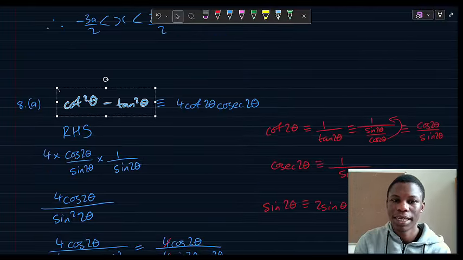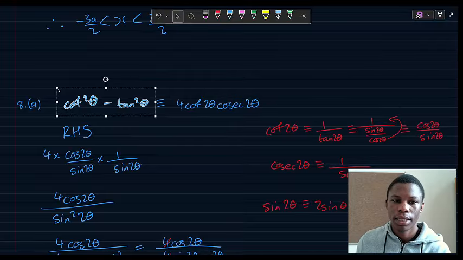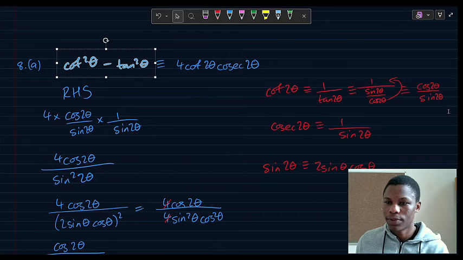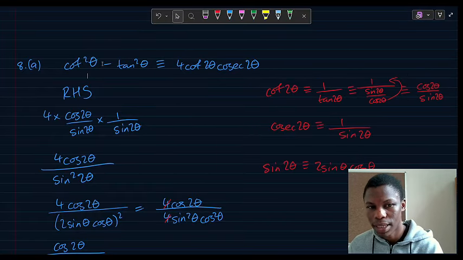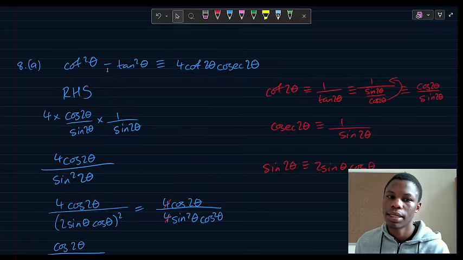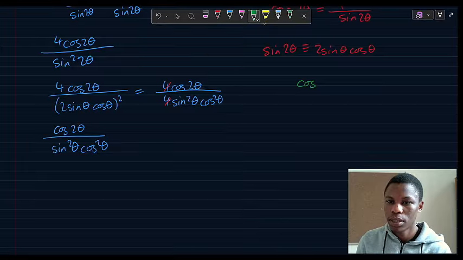All right, so maybe what we can do is, since we are working in terms of sine and cos, let's just break down the left hand side to what its equivalent would be in terms of cos and sine. So we just identify that cot theta is cos over sine. So cot squared theta would be cos squared theta over sine squared theta. So what we have is cot squared theta minus tan squared theta.